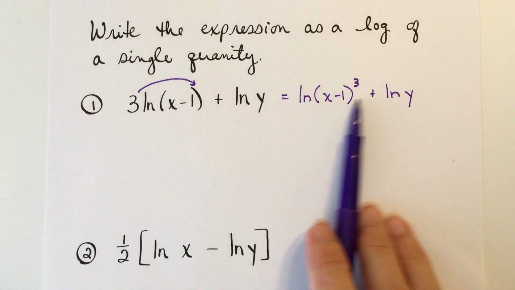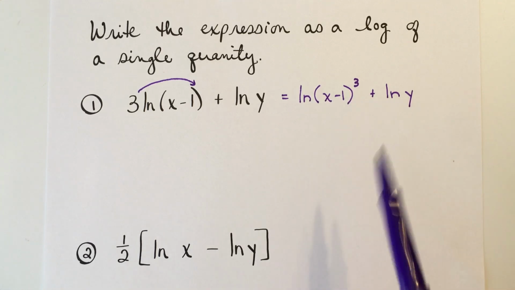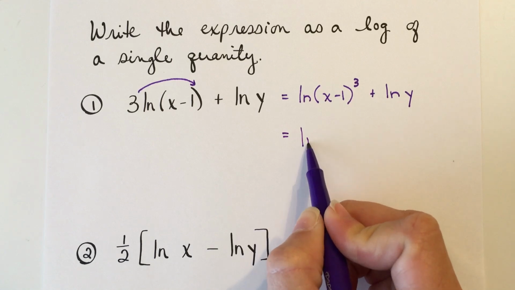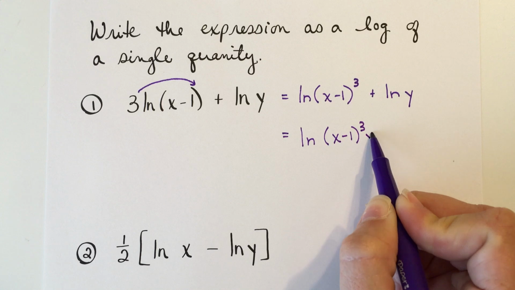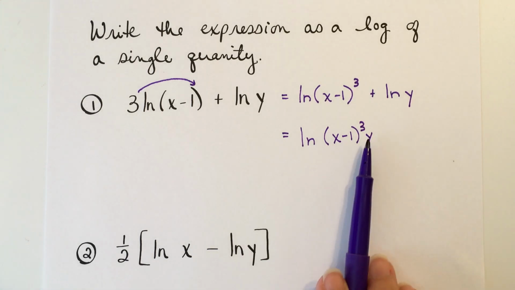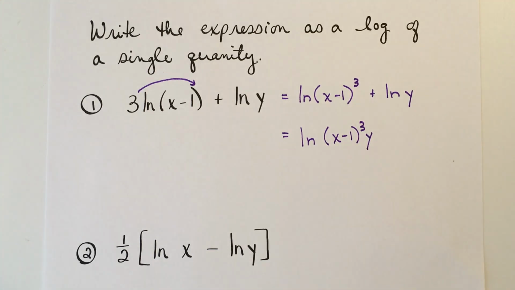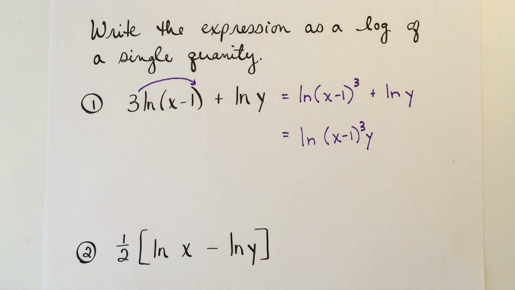Now, since these two are separated with addition, same property as a while ago, just in reverse order, that means what you do is bring it back together, but to multiply. So when they're separated by addition, you put them back together by multiplying. Now you can put the times y at the end, or you could put it in front and it would still mean the same thing. But the single quantity meaning, you notice when I'm finished here, I only have ln written one time in my answer.